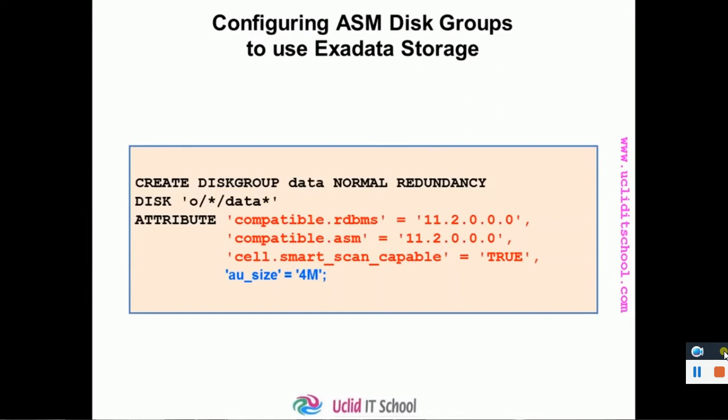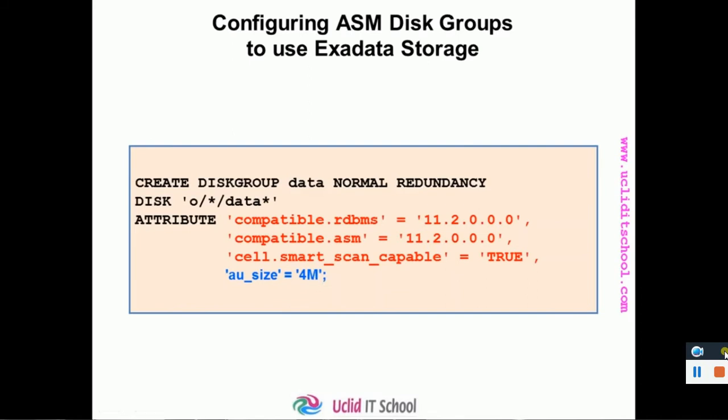And the last one, which is in blue color, is not compulsory. It is a best practice recommendation. Oracle recommends you to use a 4 MB allocation unit size on Exadata, because smart scan is optimized for 4 MB reads, not 1 MB reads.